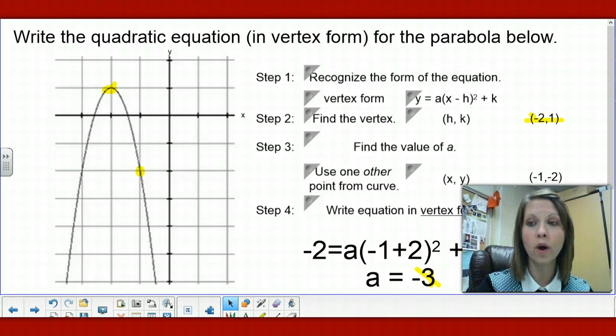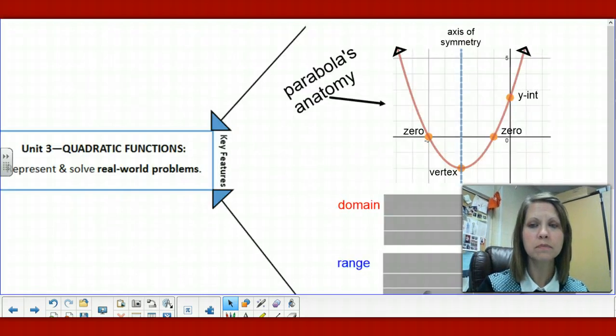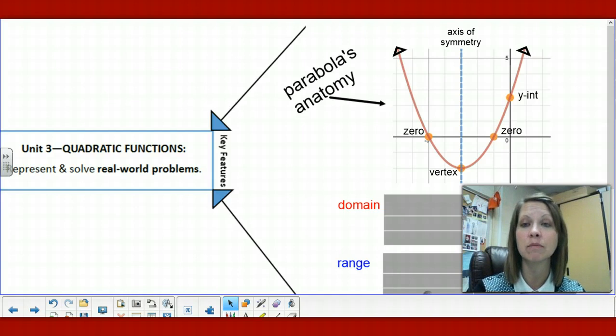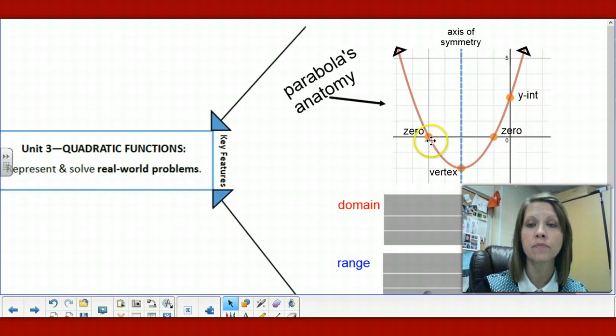Okay? One other thing for your quiz. We have been talking about different parts of a parabola, and this is in the key features part. So I call that the anatomy of a parabola. You're going to have to label and identify all of these key pieces. What I mean by that is the vertex being down here. You should know where that is.